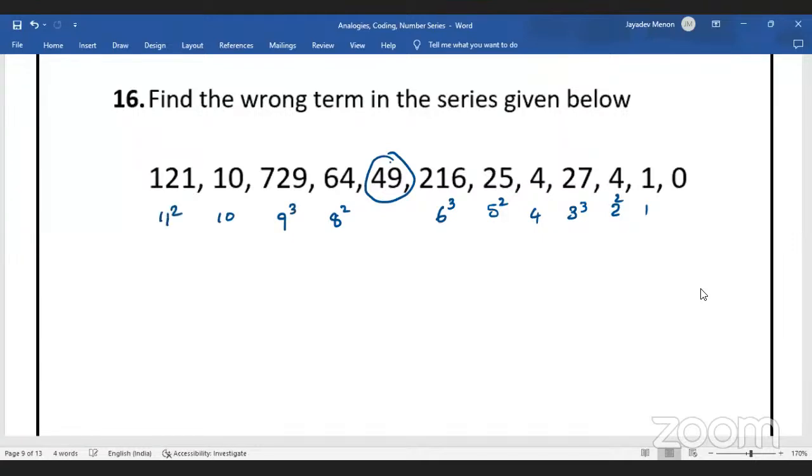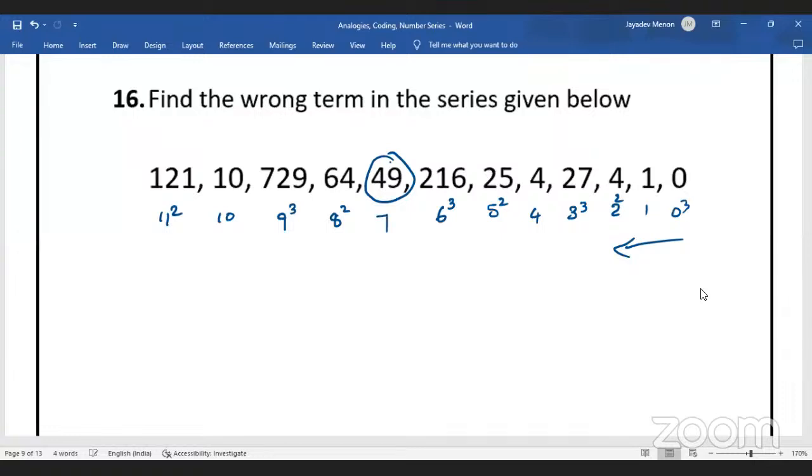Now 11 square. So if we are looking from left side, we can put this as 0 cube. So 0 cube, then 1, 2 square, 3 cube, then 4, 5 square, 6 cube.